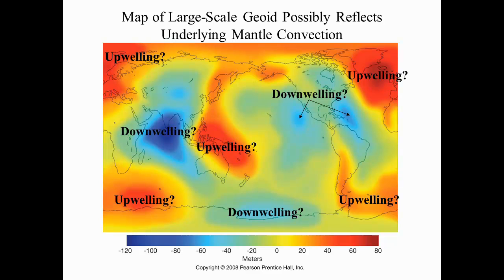And as a result, we're basically mapping underlying large-scale mantle convection using variations in the geoid. If you look closely, you can see the outlines of the continents as these thin black lines. For example, here's Africa to the right, and here's South America over here, and North America up here. So this is a global map.